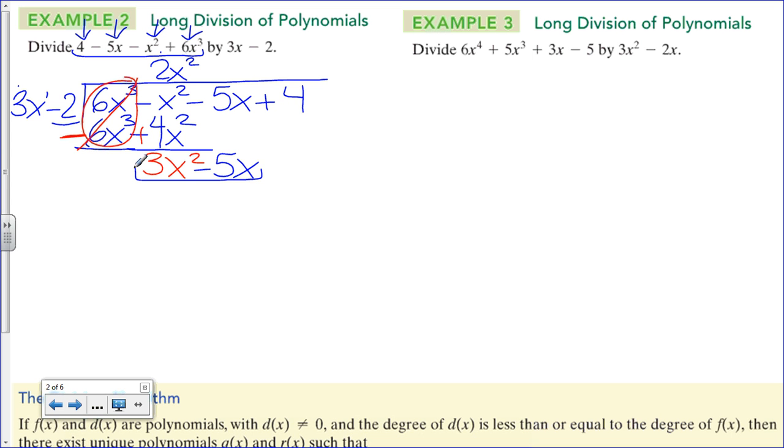No. So this is the dividend, and this one here is the divisor. So 3x squared divided by 3x. And what will that give me? X. Very good. So subtract the exponents. 3 divided by 3 is 1. X squared divided by x is x. So will that be positive or negative? Positive. And that goes up here. So that's part of the quotient.